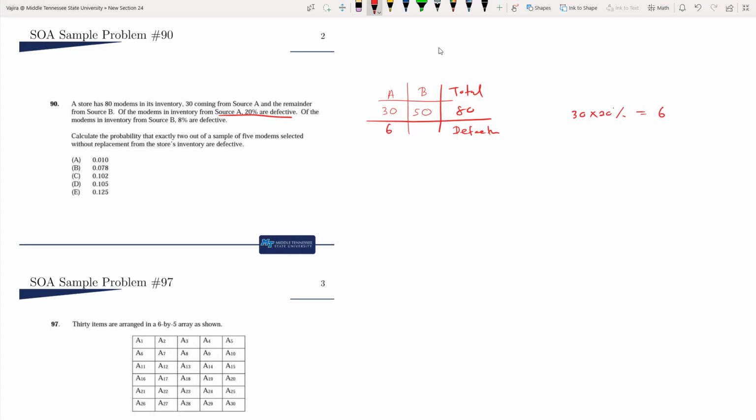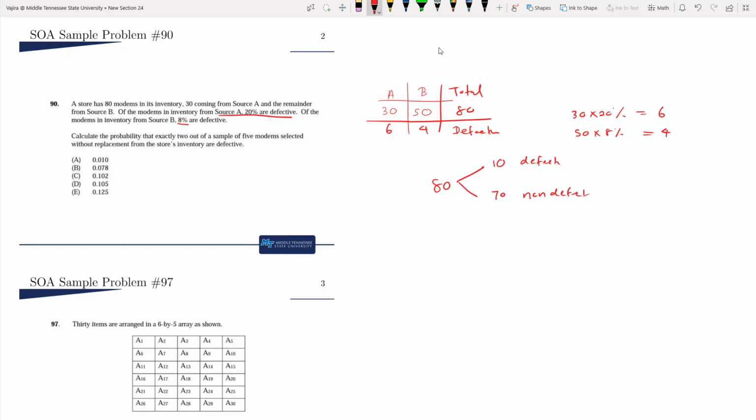And then from source B, 8% are defective. So 50 times 8%. That gives you 4. So total 10 defective. If I want to divide this 80 into defective and non-defective, 10 are defective and 70 are non-defective.